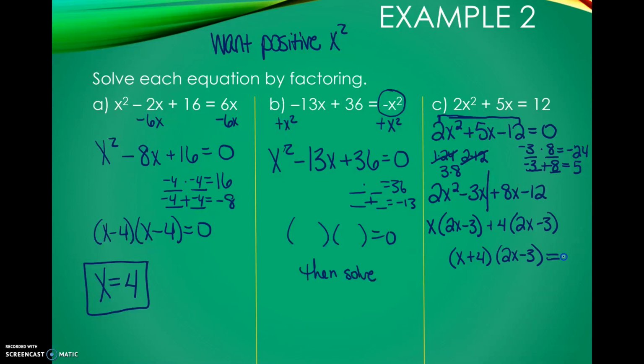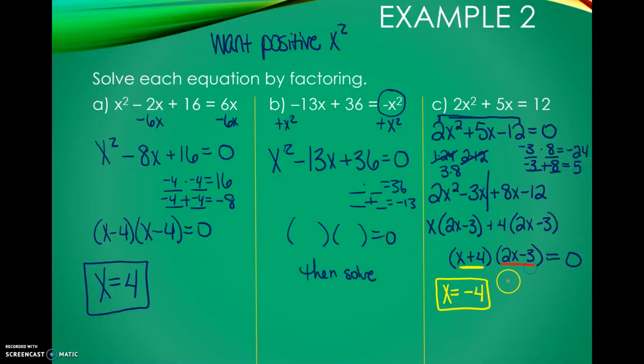Now I put the equals 0. One of my solutions is pretty easy. If I want x plus 4 to equal 0, what does x need to be? What's the opposite of 4? Negative 4. There's one of my solutions. The other solution, we're going to have to do a little bit of work.